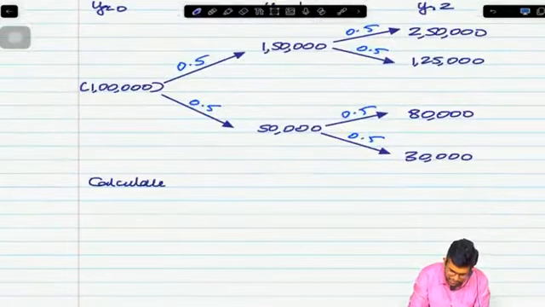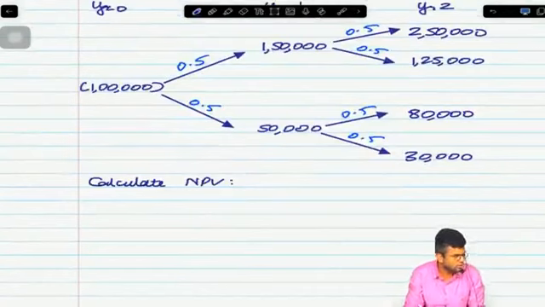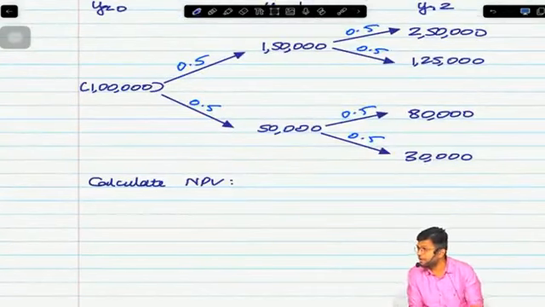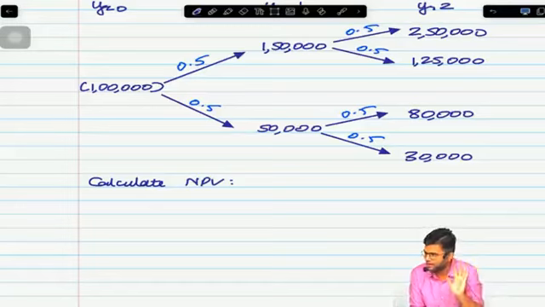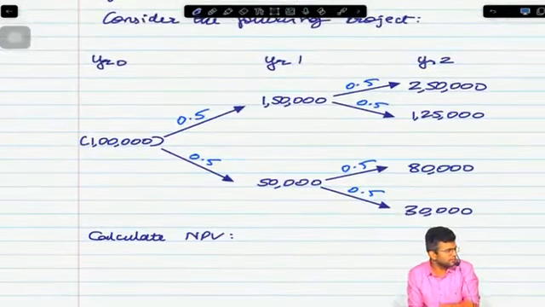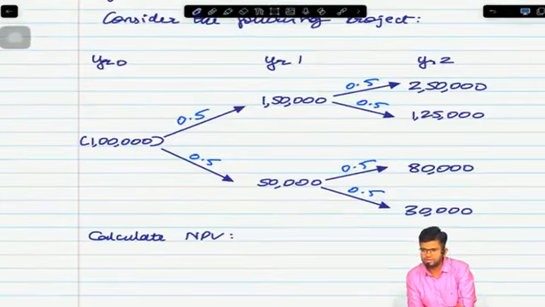And then the question will tell you to calculate NPV. What I am going to teach you now, the calculation of NPV, is advanced capital budgeting of the advanced financial management subject of final CA. The capital budgeting that you know is that of financial management. Now you know NPV is equal to present value of cash inflows minus present value of cash outflows.